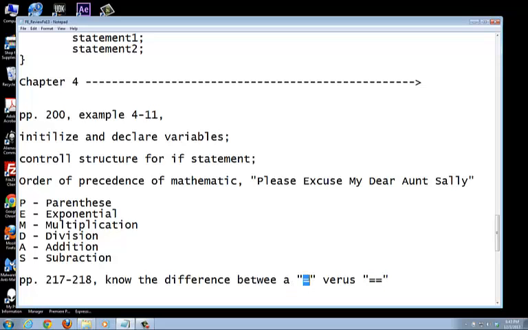One equal sign means you're assigning it. I'd like you to understand that. This is at the bottom of page 217 to 218, and make sure you understand how that works. I have a question off of that as well.